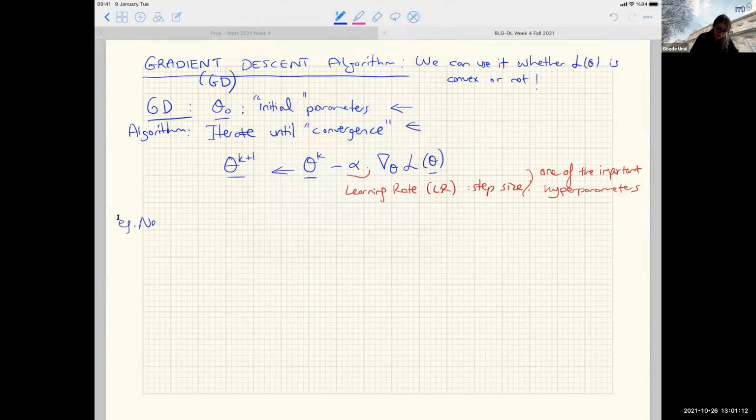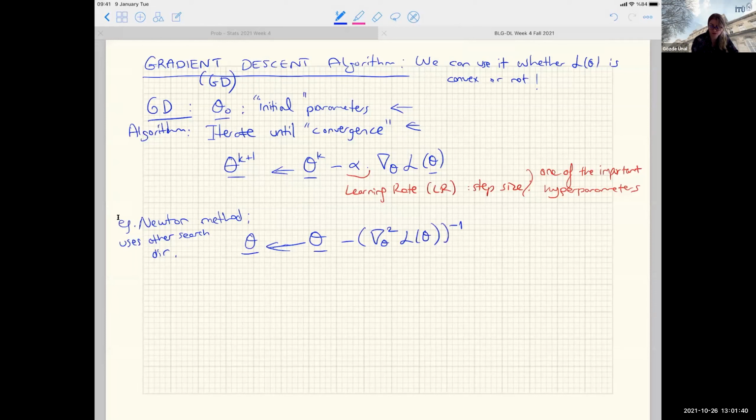For instance, the Newton method, if I was using it to do this iterative update, uses another search direction, because here I used the gradient search direction. So theta k plus 1 would use the inverse of the Hessian of the loss times the gradient of L theta.